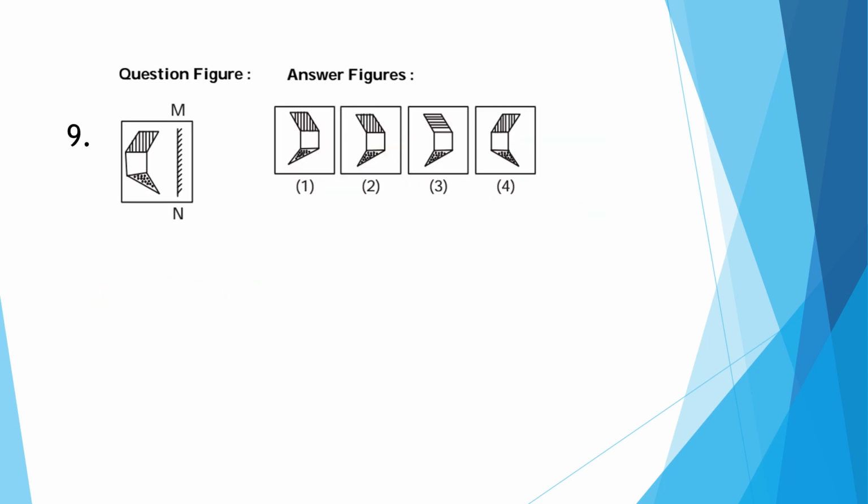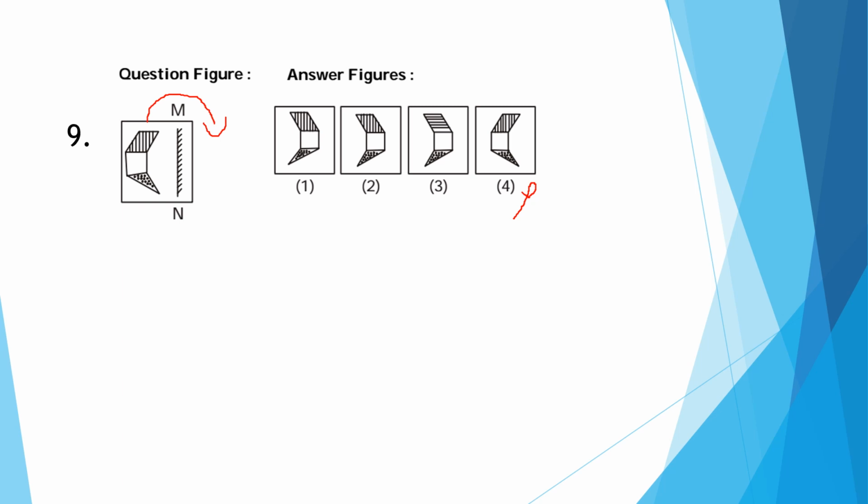Next question. Find out the mirror image of this. The mirror image comes like this, the image turning from left to right. In these first three options, all three are turning in the same direction, but the fourth one is as it is in the question figure, so it is not an answer.